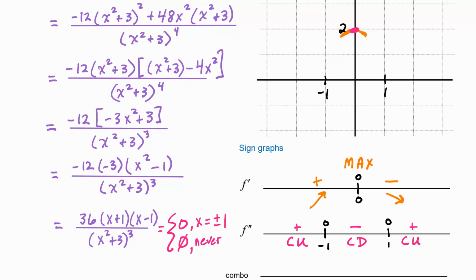Now the places where the second derivative changes over from positive to negative or negative to positive are going to be points of inflection.